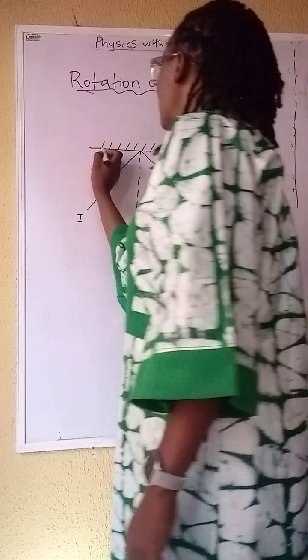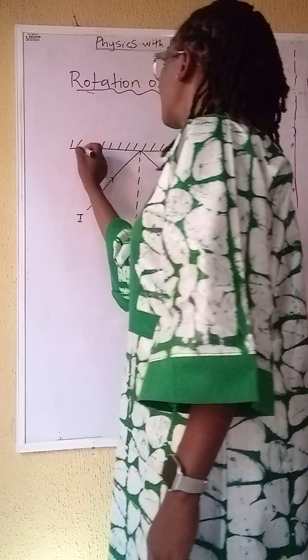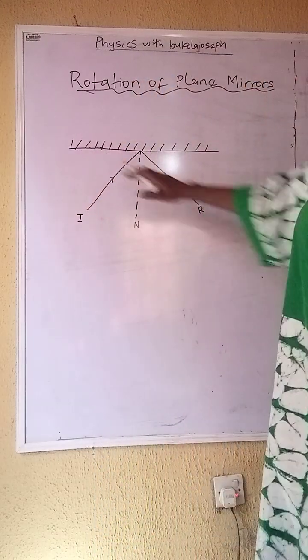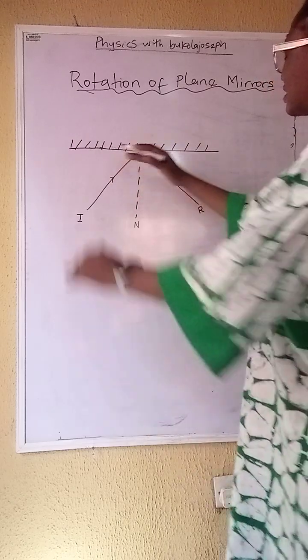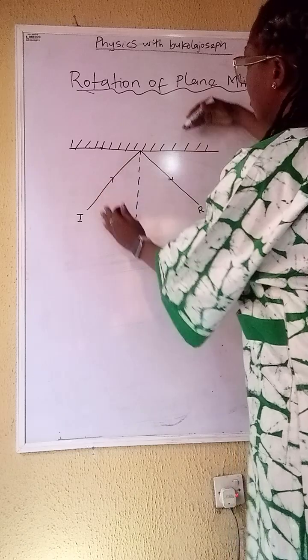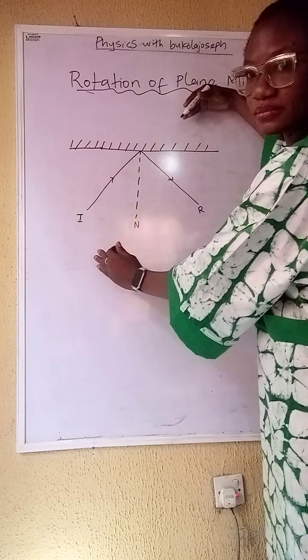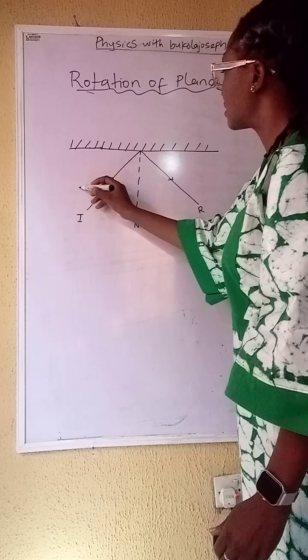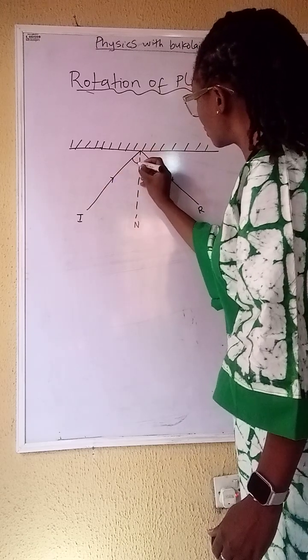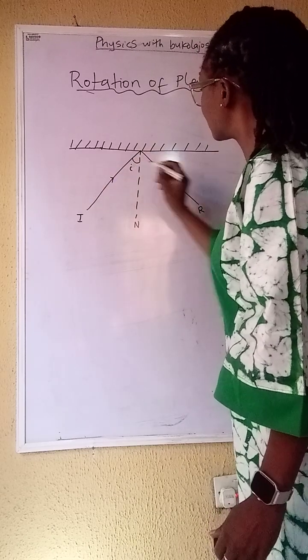Now, we are talking about rotation of plane mirror. This is the mirror. Now, if we rotate the mirror like this, let me label this. This one here is the angle of incidence.